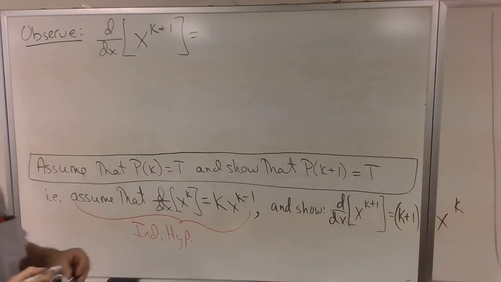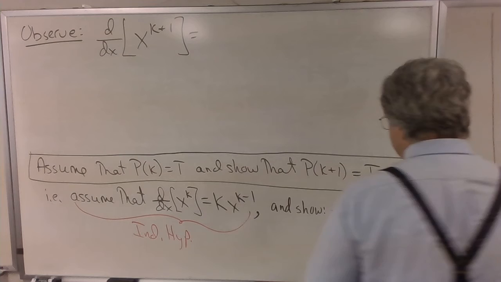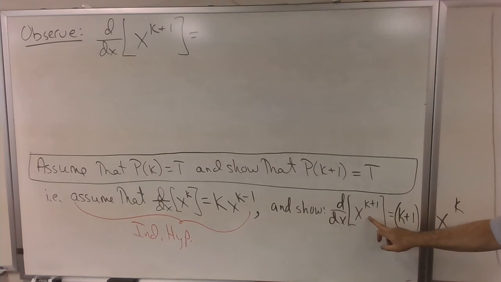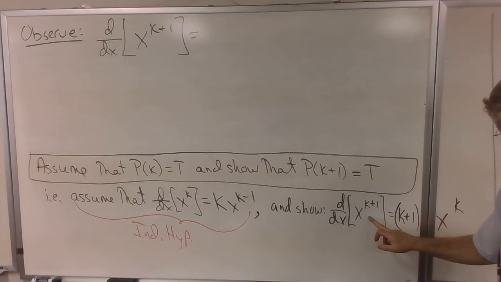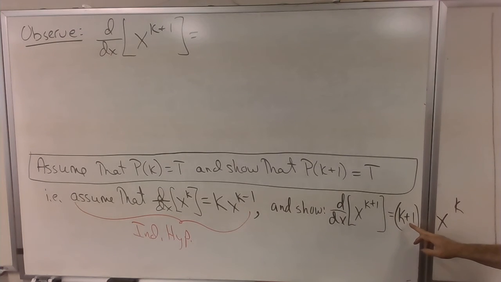Now remember what it is that we have to show. We have to show that the derivative of x to the k plus 1 is equal to k plus 1 times x to the k.